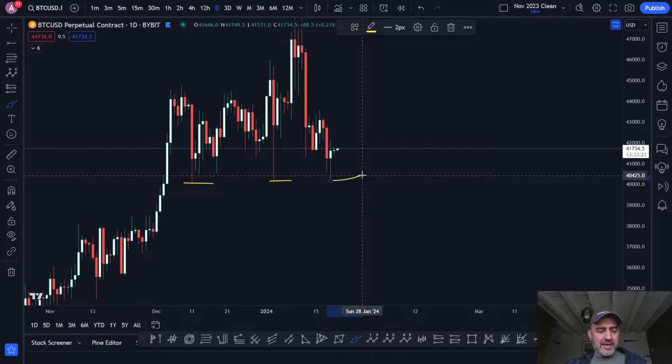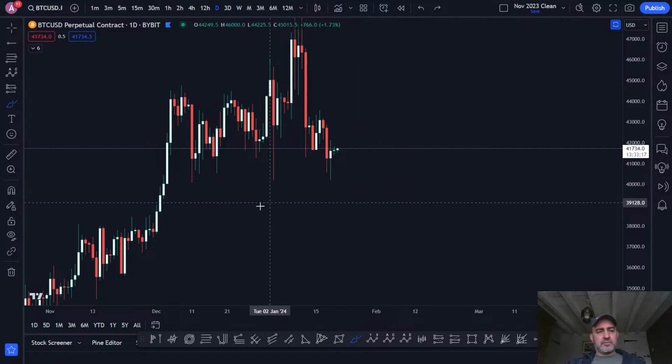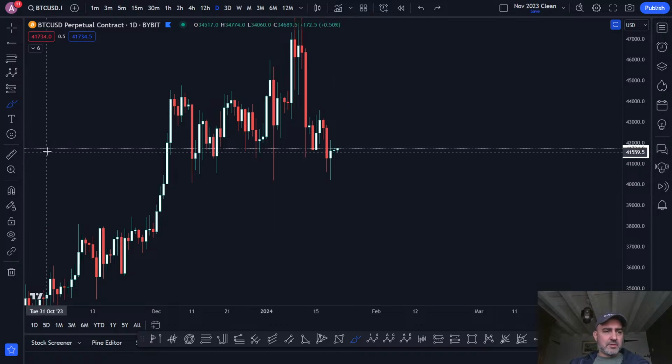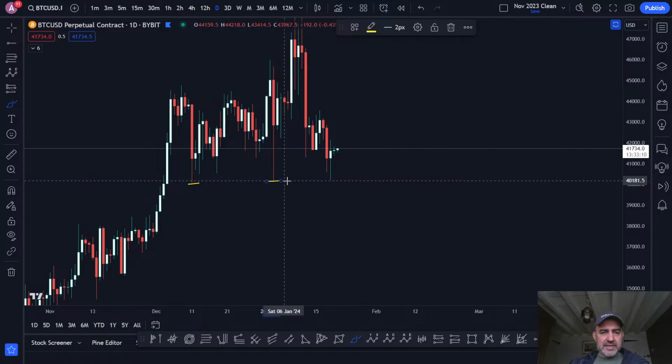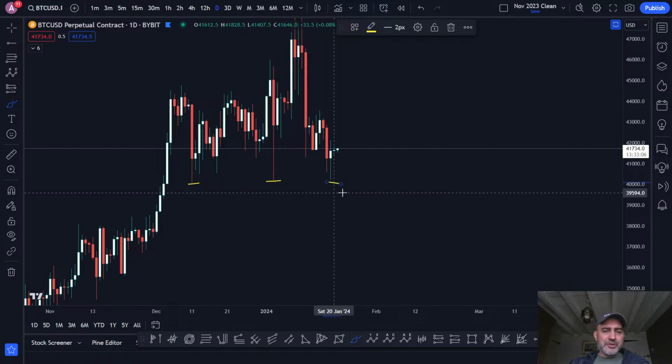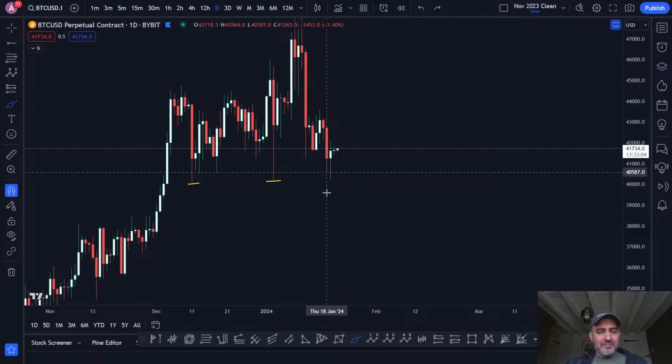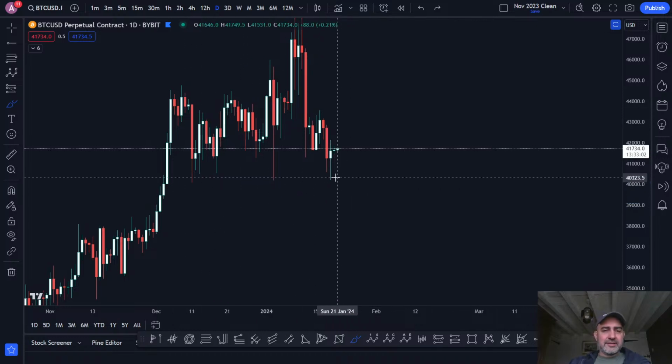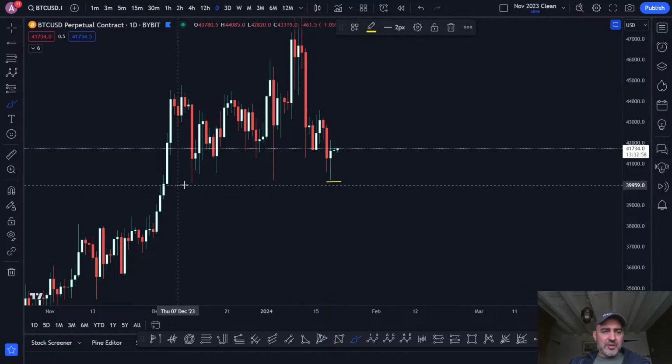What I mean by that is, some people will put their stop losses here, some people will put their stop losses here, some people will put their stop losses here. Which one do you pick? Well, it doesn't really matter, because they're so close to each other that if you put your stop loss there, it's naturally going to stop everyone out.